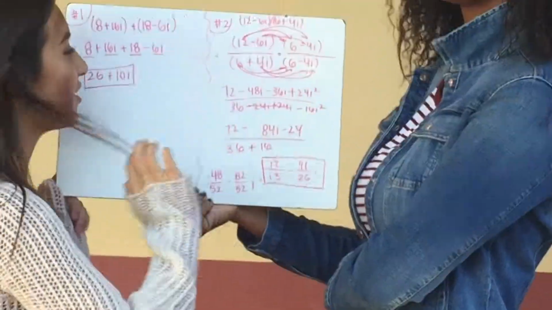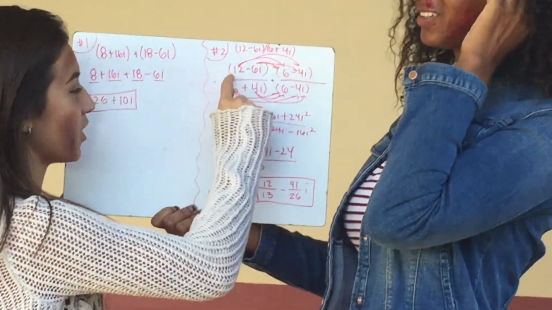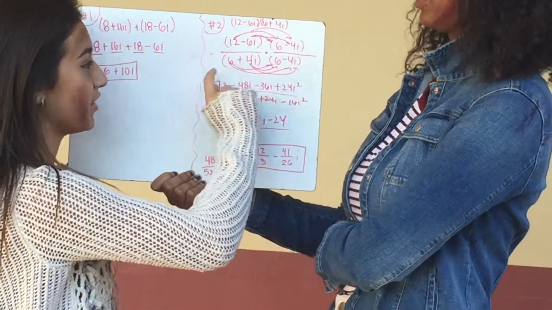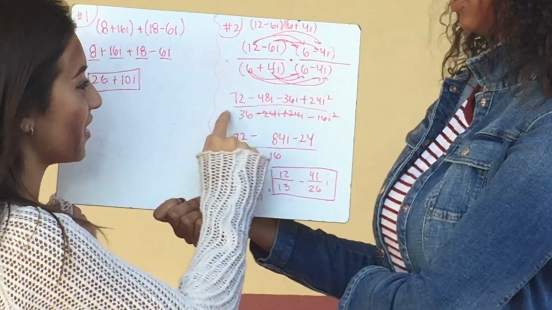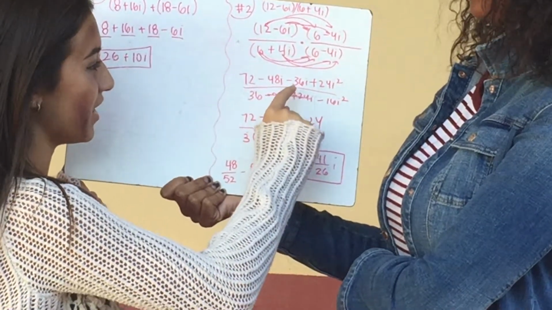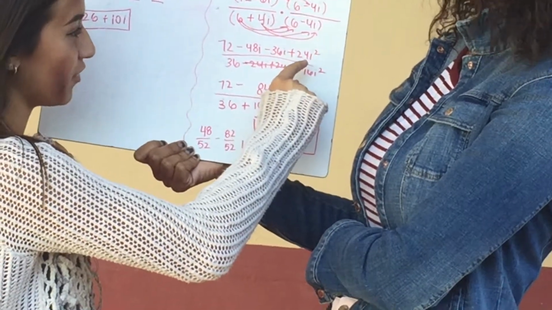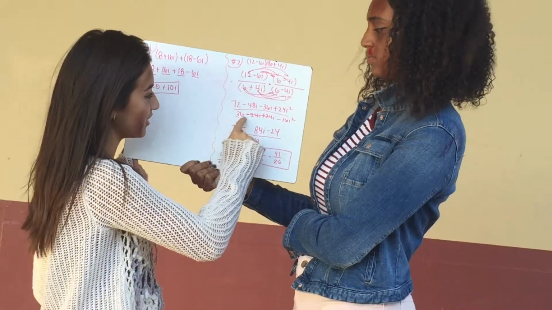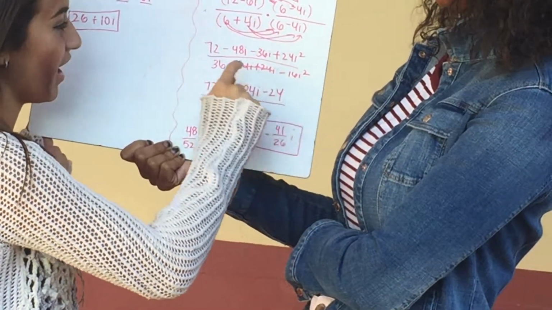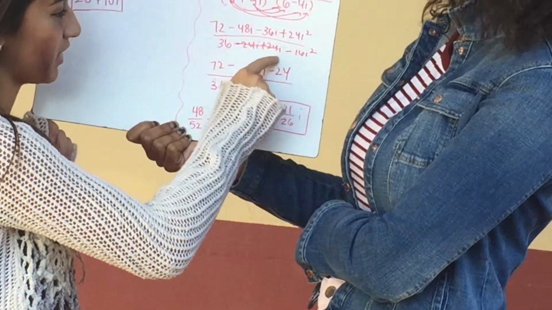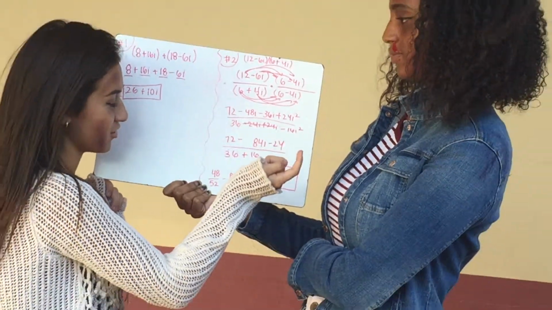So you basically are going to double distribute the top and the bottom, and you're left with 72 minus 4i minus 36i plus 24i squared over 36 minus 24i plus 24i minus 16i squared. And so you can cancel these two out because they automatically cancel each other out.